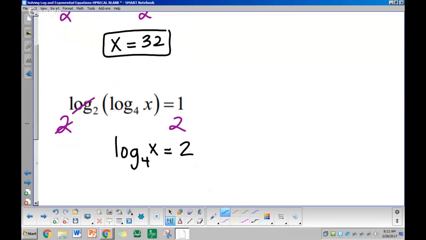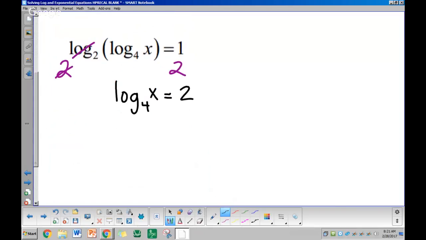Then we do one more exponentiation, base 4, so we get x equals 16. Everybody follow that? What if I had 3 in a row? Do it again. So we don't let these nested ones scare us.